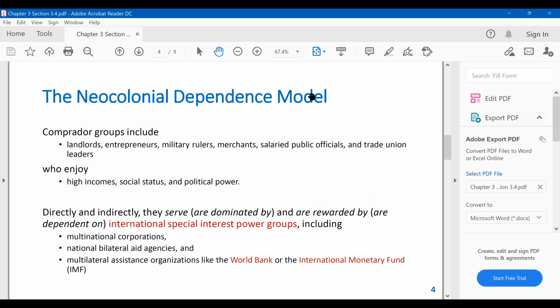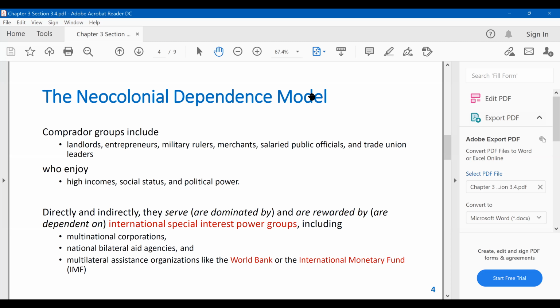Now, who are these? If you want to be more specific, as you see, we have several types of people in this comprador category. Landlords, entrepreneurs, military rulers, merchants, salaried public officials, trade union leaders. Again, how do we discriminate these people in a given country? They have high incomes, high social status, and high political power compared to workers or landless peasants.